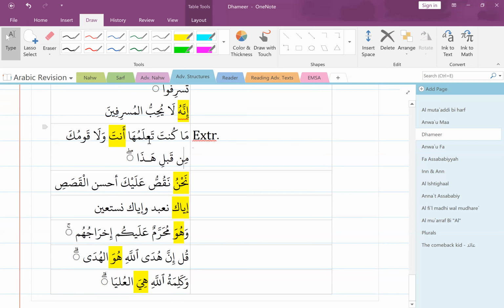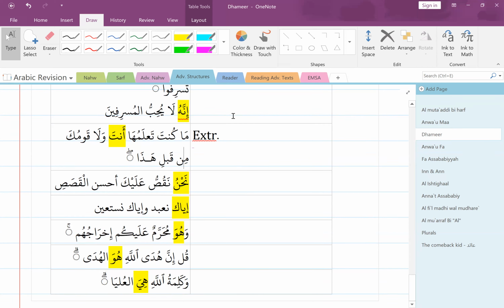How do I say this as an outside doer? It's kind of hard to bring it back. So أنت ولا قومك لم تكن تعلمها. What is happening here? You anyway, and it is extracted.